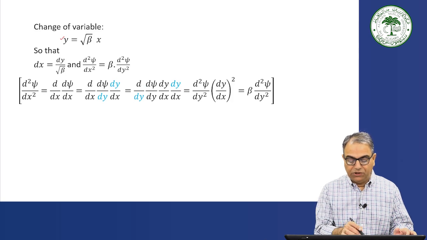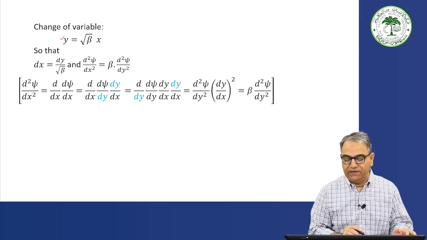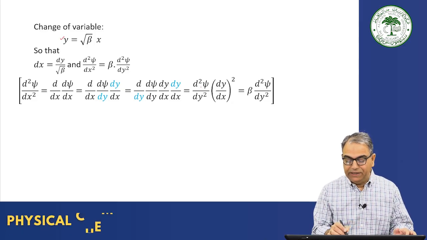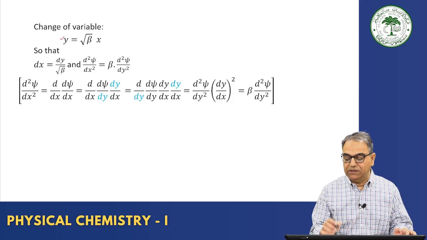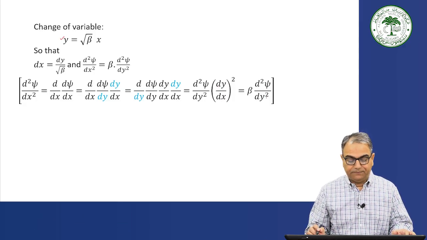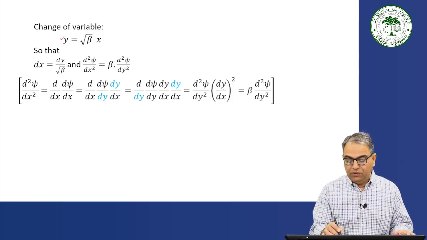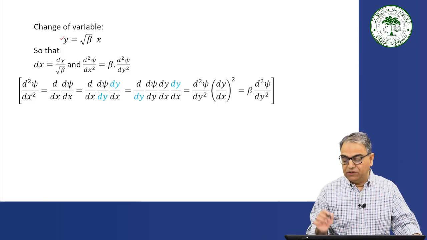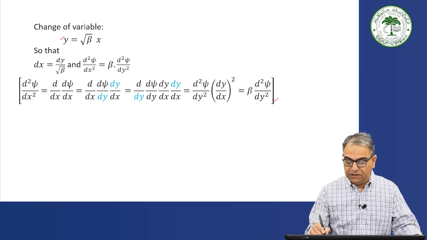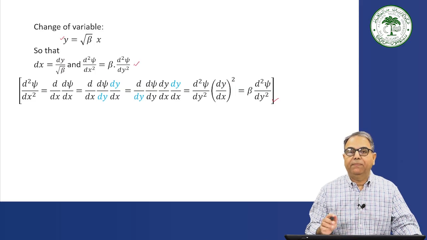Again you remove these two colored parts and then again you go back to the left hand side equation, and so this can be written as d square psi by dy square and dy by dx whole square. And this dy by dx whole square, since y is equal to root beta x, will be equal to beta. So this is the explanation for how we write this, mathematically.